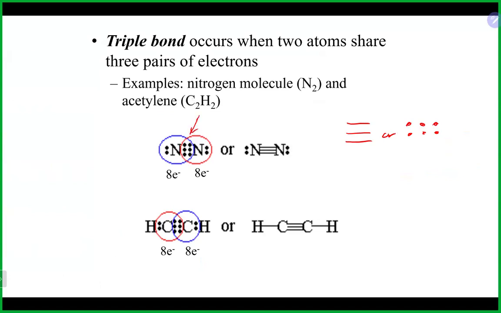Each of those nitrogens, by sharing that triple bond, 2 dots for each line, gives us 8 electrons. On the bottom here, the carbons also get to 8 electrons. Here we still see our friend hydrogen sharing with the carbon, but only going to 2 electrons, which once again is all it should have.